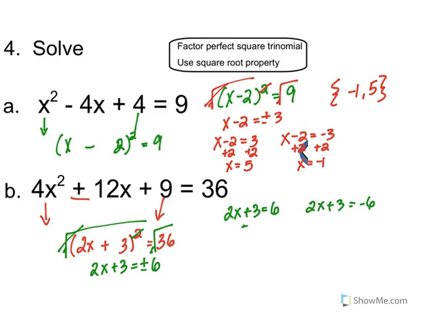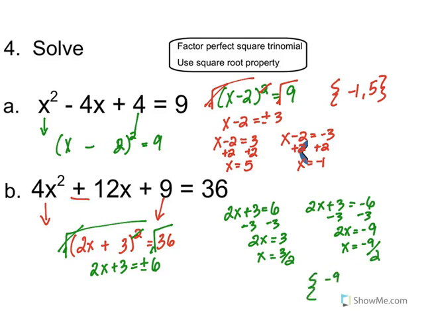So when I subtract 3 on both sides, that gives me 2x is equal to 3, x is equal to 3 halves, or subtract 3 on both sides here, get 2x is equal to negative 9, so that means x is equal to negative 9 halves. And so my solution here would be negative 9 halves, or positive 3 over 2.